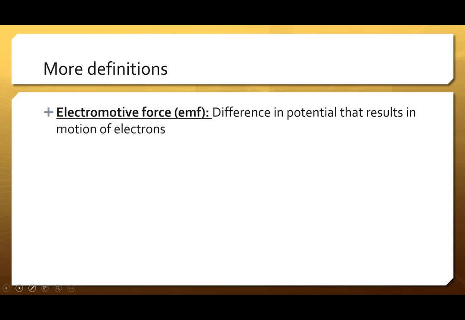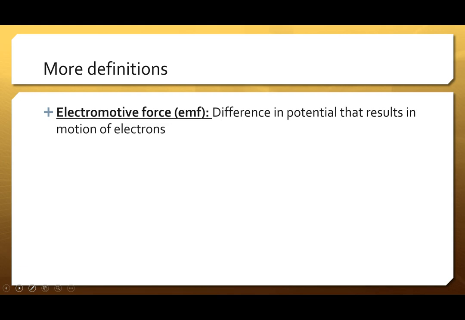The next thing that we're going to talk about is how to quantify these voltaic cells. So just a little definitions here. Again, probably information that we've never seen before. So we want to make sure that we lay a solid foundation to build upon. So we're going to be calculating something called electromotive force, or EMF.